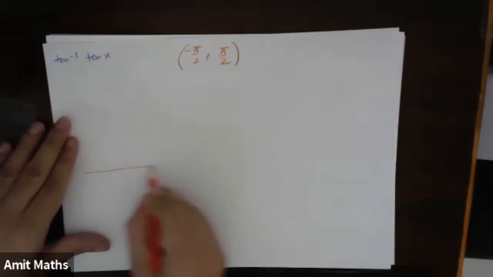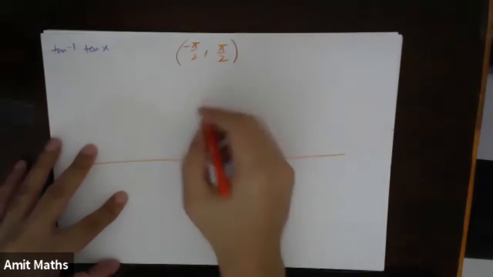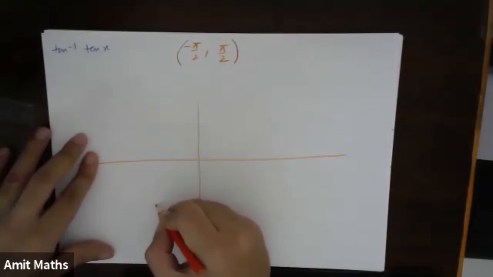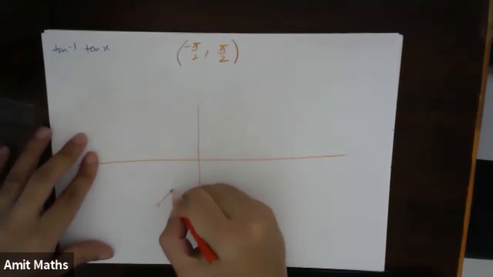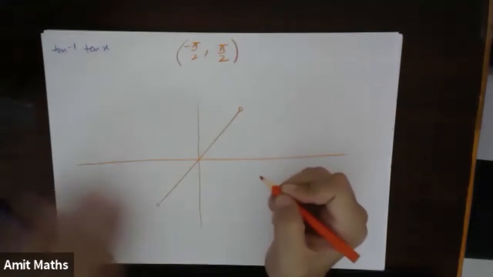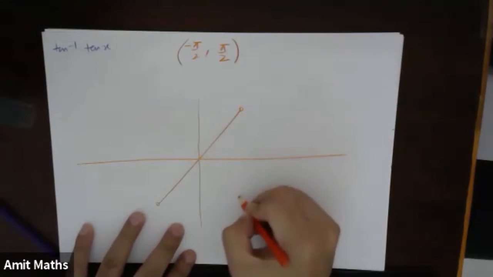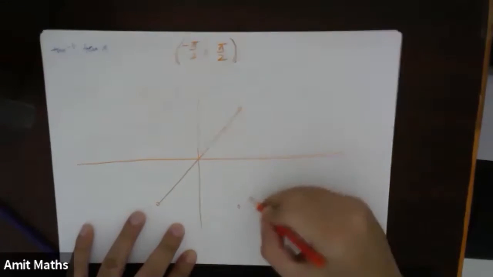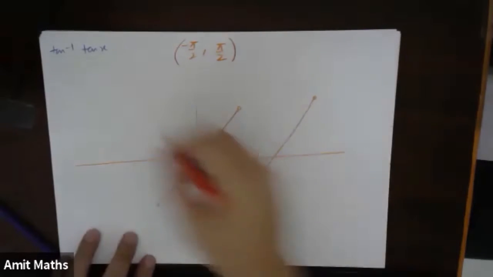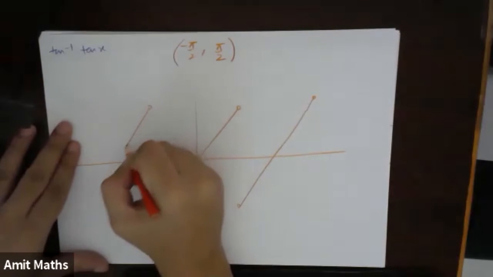So let's try to draw the graph. This is the x-axis, this is the y-axis. First, we know that it will look like this. Now again, it will come back and become like this. Again, it will come back.